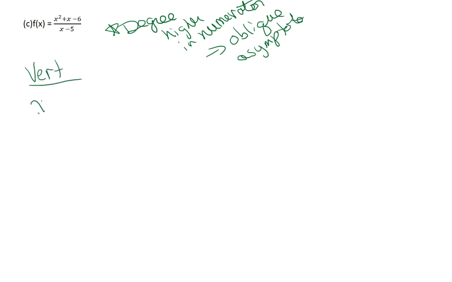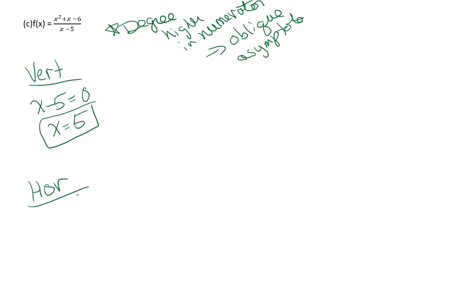Again, we're going to set that denominator equal to 0. So we get x equals 5, and we saw that in the graph. I'll do a quick check to see if there is a horizontal one, even though we didn't see one. So I'll do x squared plus x minus 6 over x minus 5. Now, every one of these is going to be over x squared.